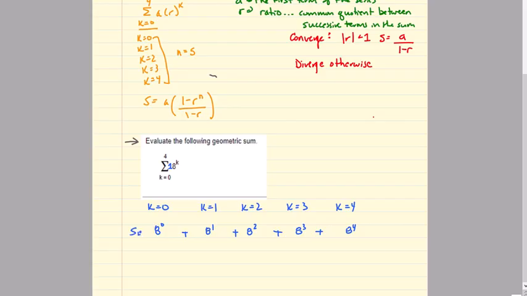This S sub 4, actually in this particular case, this would be S sub n, so this would be 5, because this would be 5 minus 1. And I have 1, 2, 3, 4, 5 terms. So if I add these up, 8 to the 0 is 1. 8 to the first is 8. 8 squared is 64.